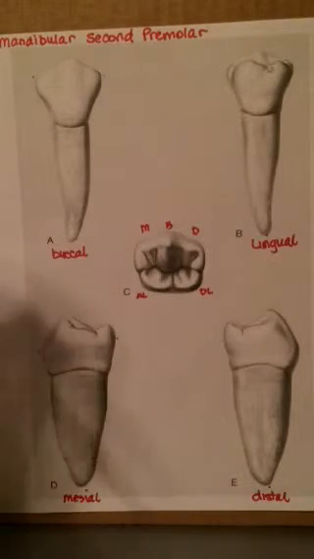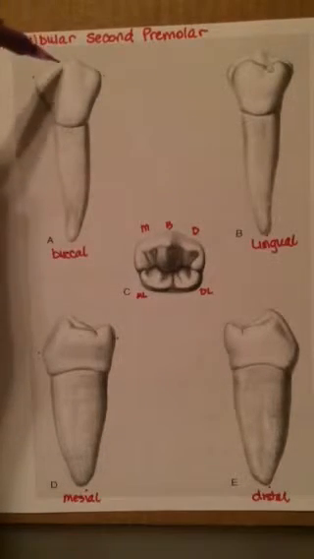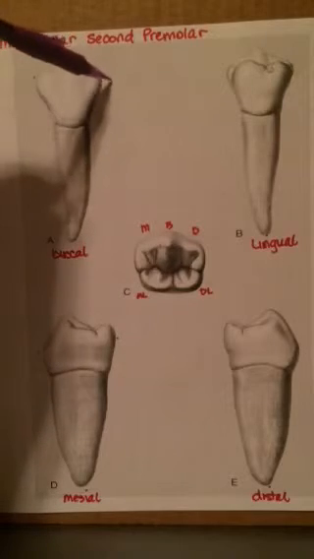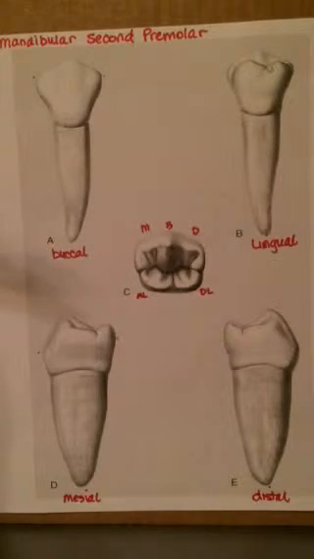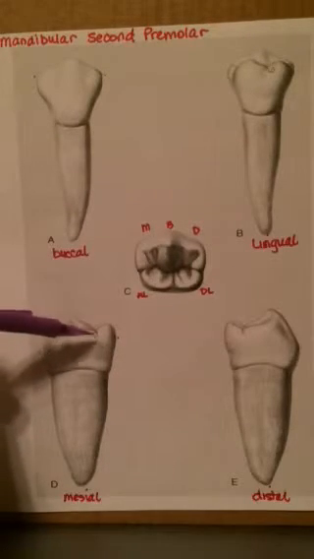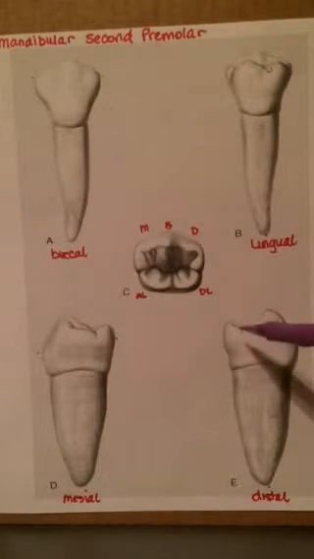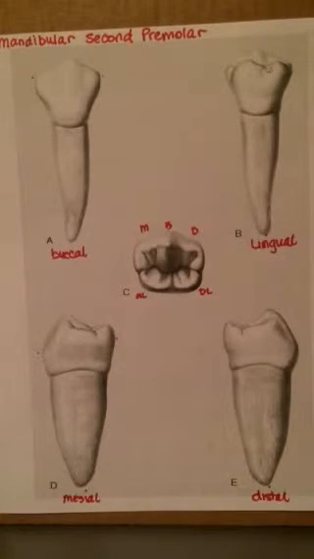The ridges are going to have the mesiobuccal and the distobuccal cusp ridges, and these are more rounded than on the first premolar. However, the marginal ridges right here are at a right angle to the long axis of the tooth. You can see that these marginal ridges are very, very straight.